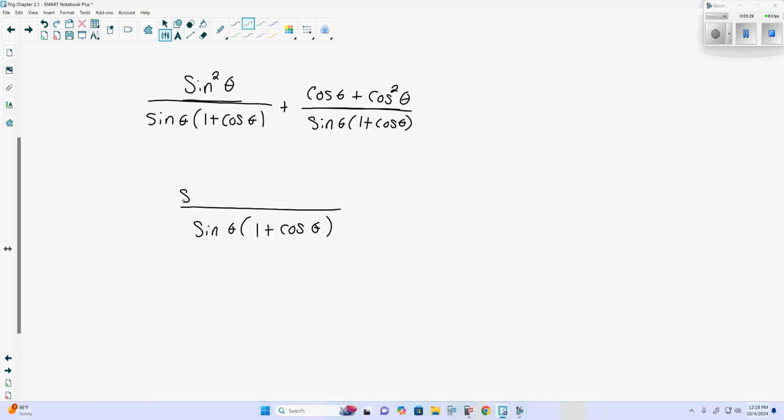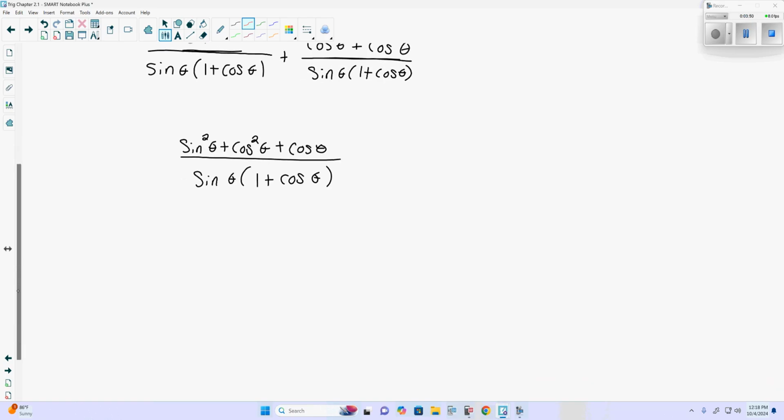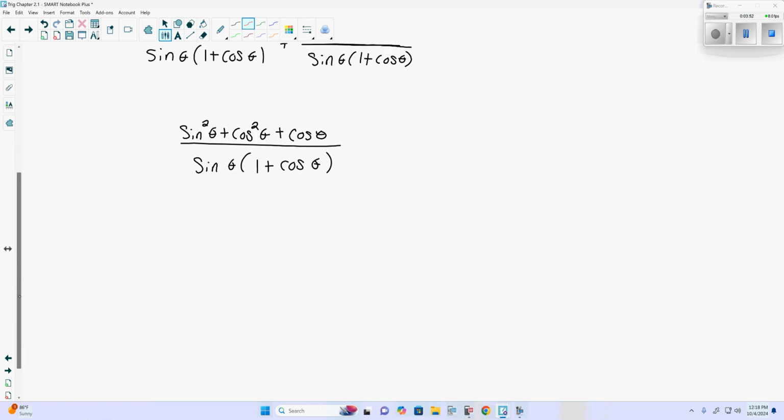Well, no. We have our sine squared of theta plus cosine squared of theta plus cosine of theta. Now, I rearranged them in this order for a particular reason. Questions on any of this so far?